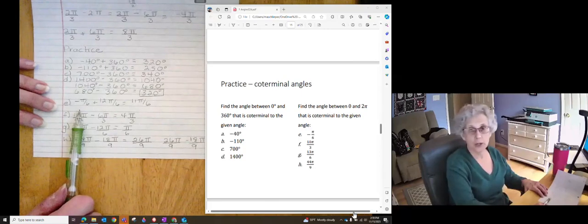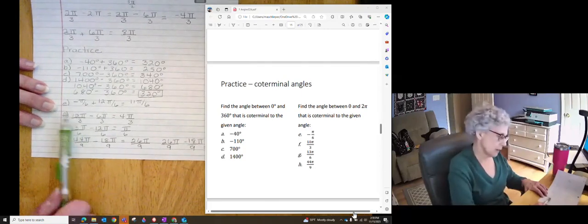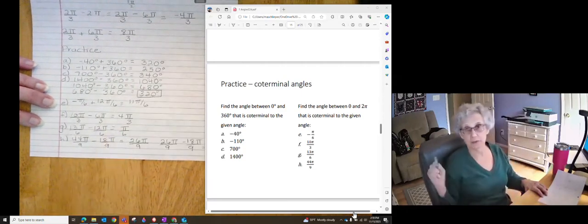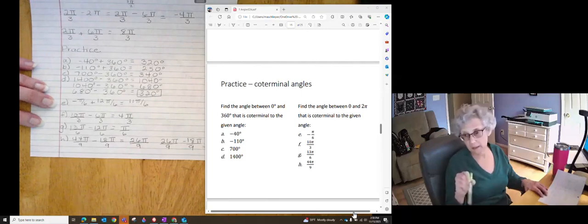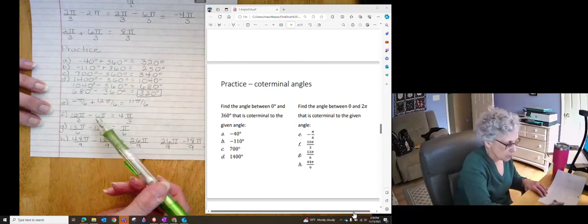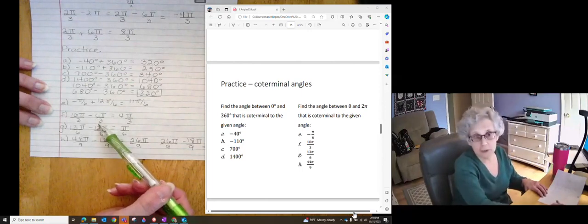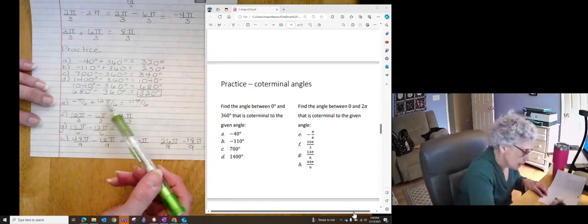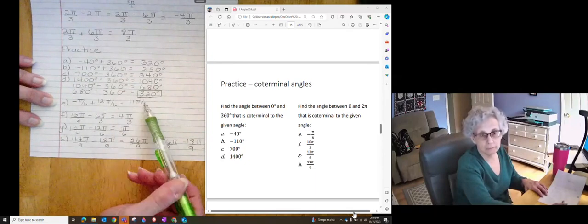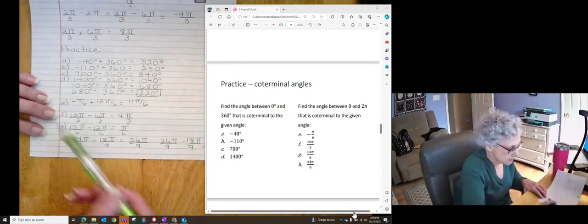So let's go on to the radian measure ones. We have pi over 6, and I went ahead and wrote everything with its common denominator, because you got to do it anyway. So 2 pi, you just double your denominator. So we have 12 pi over 6 is 2 pi. Gives me 11 pi over 6.